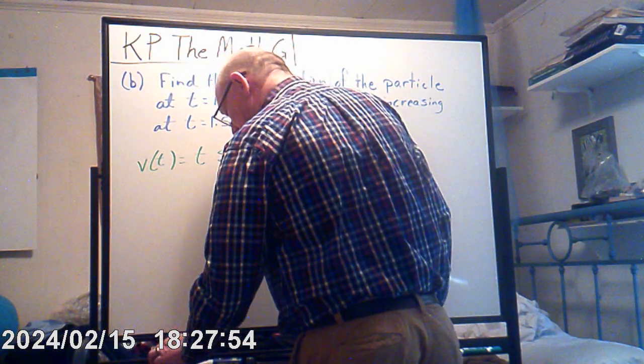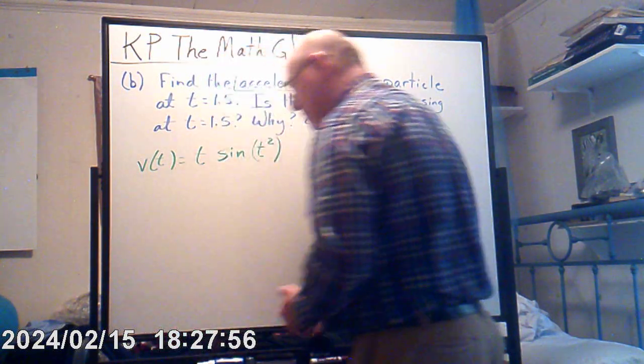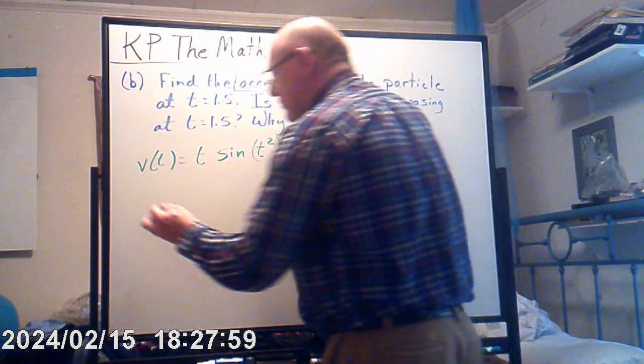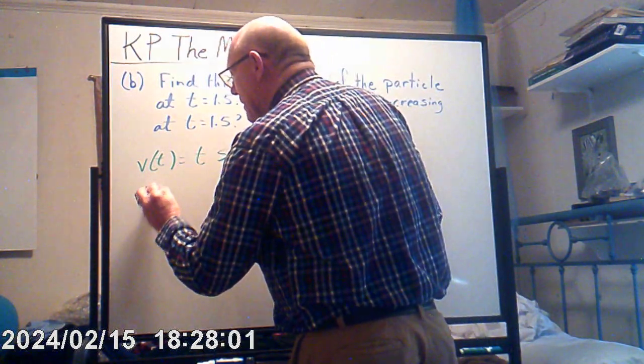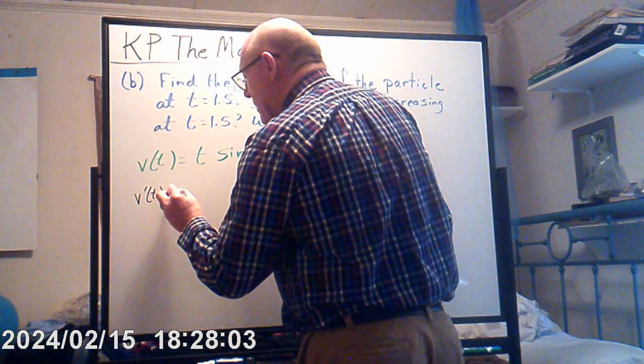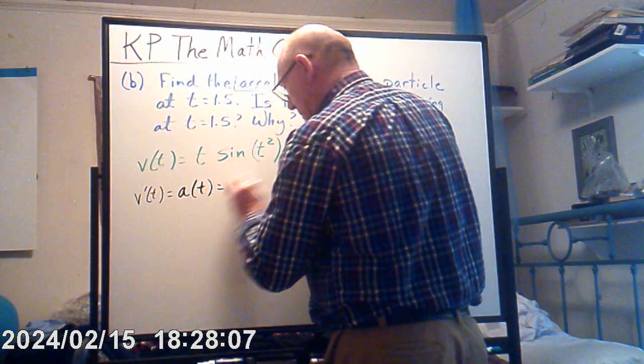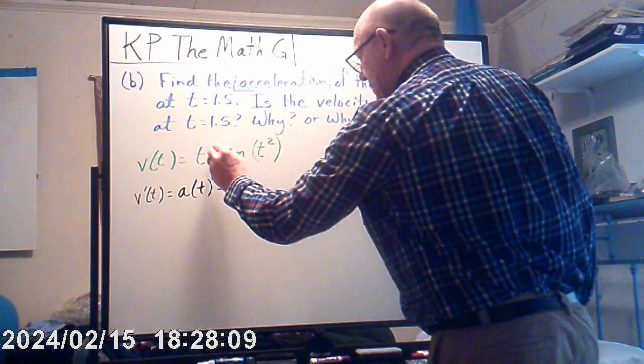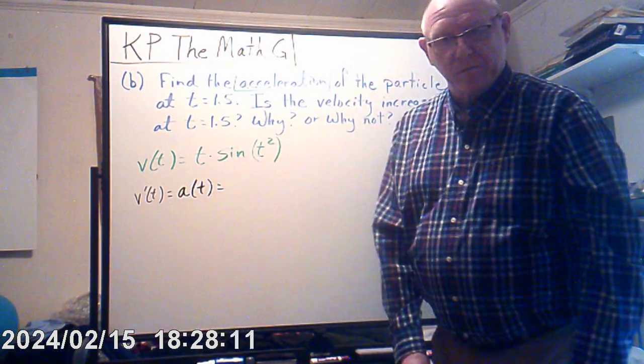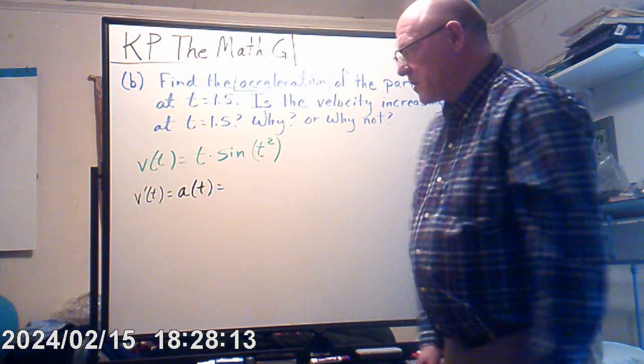Let's get another color. Alright, so v prime at t, which is a at t. Now this is product rule, isn't it?